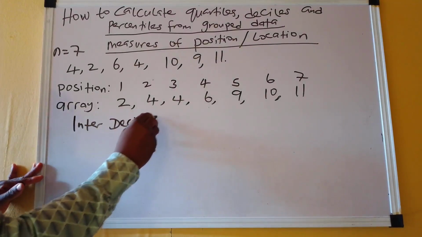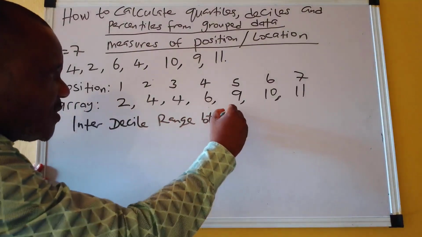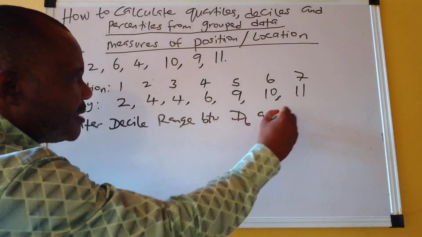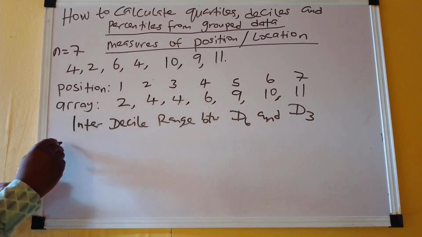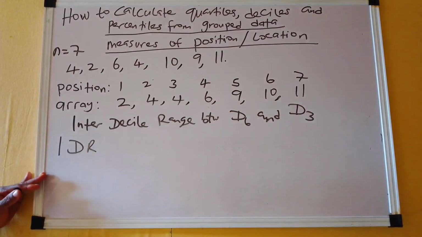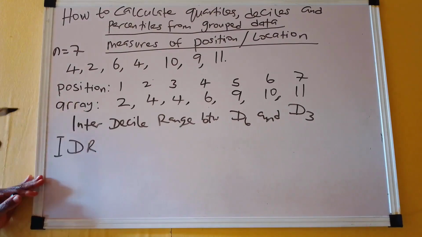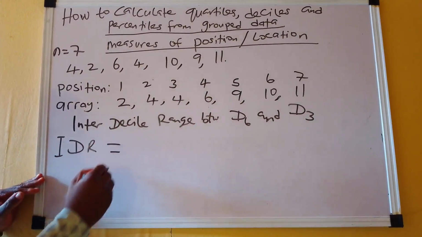Interdecile range between D6 and D3 is simply D6 minus D3.